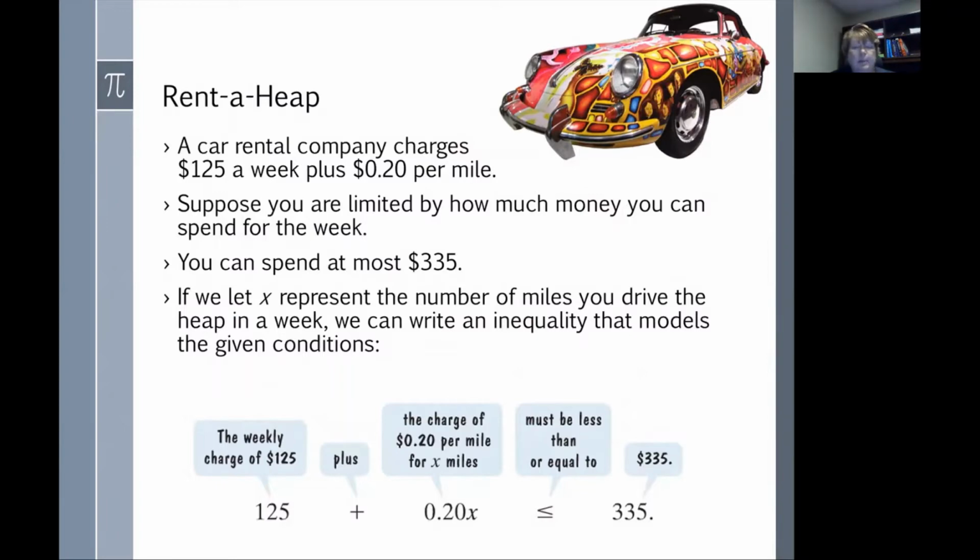The most I can spend is $335. So I represent this using an inequality symbol. The amount I spend renting this car has to be less than or equal to $335. And that's what this symbol means. Less than or equal to. You could spend less than $335. You could spend exactly $335, but you can't spend more.